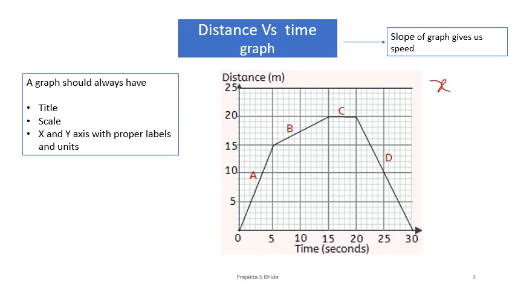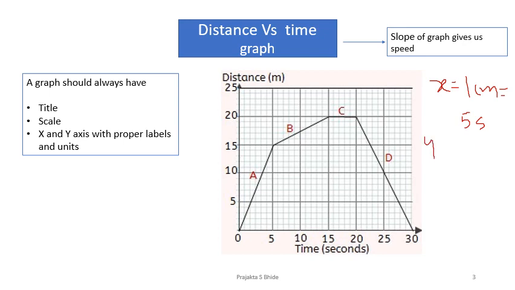On the x-axis, 1 centimeter is equal to how much time? 5 seconds. So every 1 centimeter is equal to 5 seconds. This is on the x-axis.